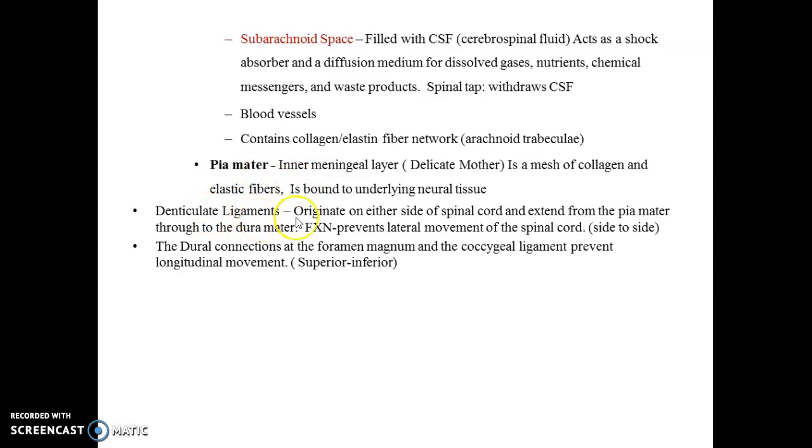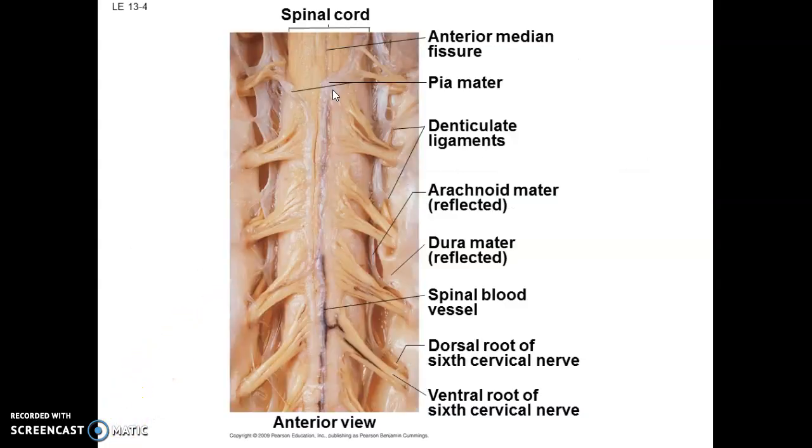And supporting the spinal cord from side to side movement are the denticulate ligaments. This is a picture of the spinal cord. Right here, the very delicate mater is the pia mater. To the sides, you can see the arachnoid mater.